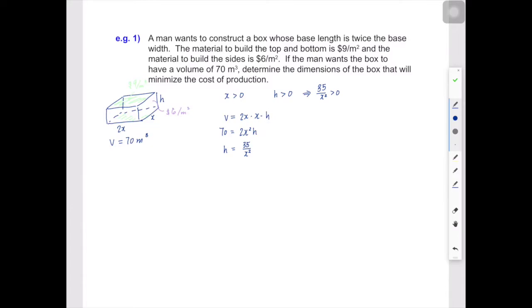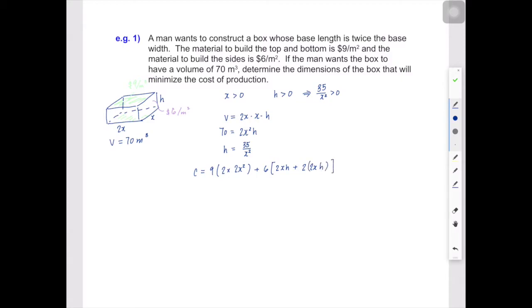So it looks like we are ready to come up with a function to represent the cost. Let's call that C. The cost comes from multiplying $9 per square meter by the top and bottom. I have two of those faces, and each is 2x times x, so 2x squared. Plus, two of the smaller sides, which come from x times h, plus two other sides that have an area of 2x times h.